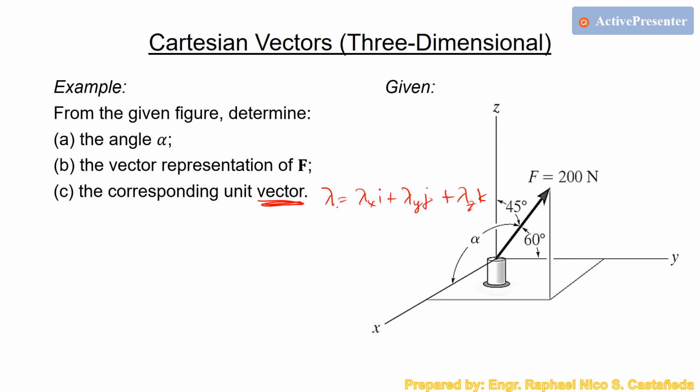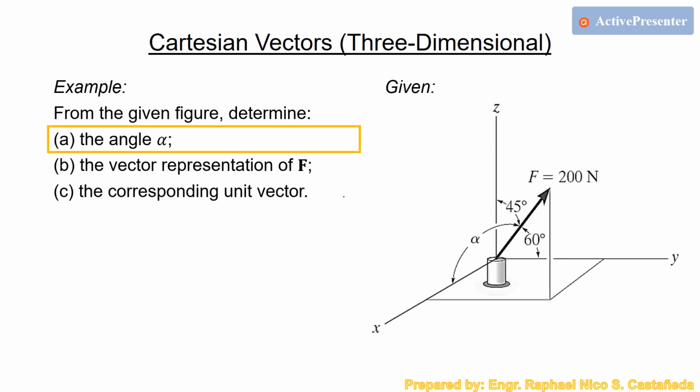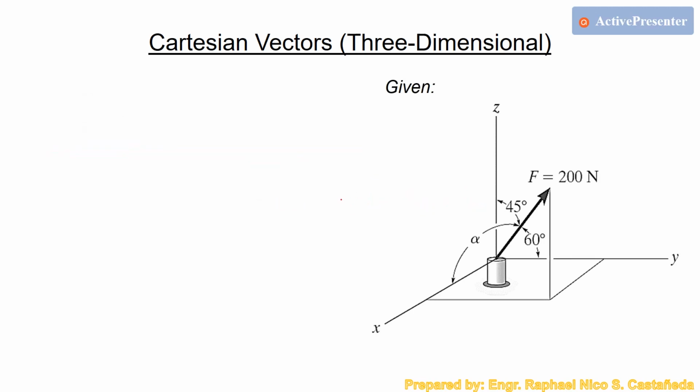So let's start with problem letter A, the angle alpha. To determine that angle alpha, we know there is what we call the identity for the unit vector.